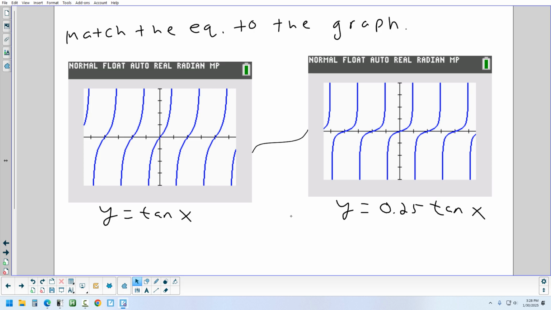So any questions on matching those 2 up? It'll be very obvious on the test when you see the graphs to be able to match them up. There won't be a case where it could be this or it could be that. No, it'll definitely be one.